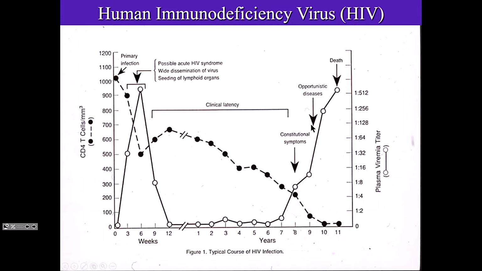So in the late 70s, early 80s, when the HIV first appeared in great numbers in the US, physicians didn't know what was going on, because these patients would show up at the clinic with diseases that were extremely rare, that they never saw, like Kaposi's sarcoma, which is a skin disease.